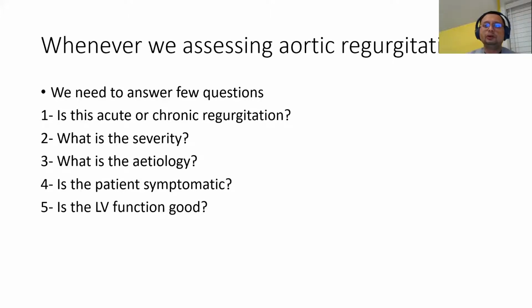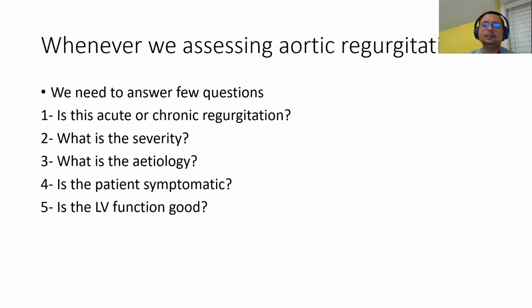For example, if you have someone with moderate aortic regurgitation and they have symptoms, we try to find other causes of the symptoms because the aortic regurgitation is only moderate. If they have severe aortic regurgitation, their LV function is good and they are asymptomatic, we can wait first. If they have severe aortic regurgitation and they are symptomatic, then we have to send the patient to surgery.